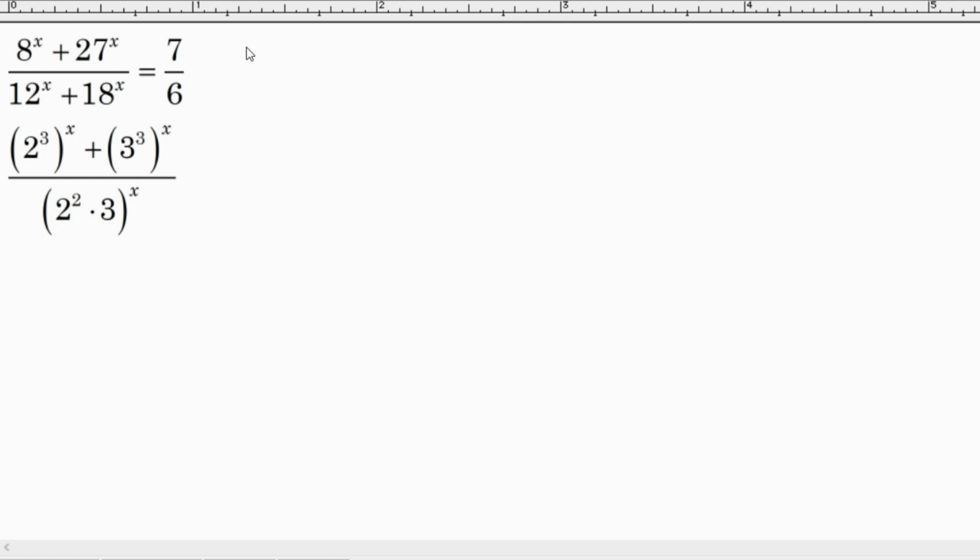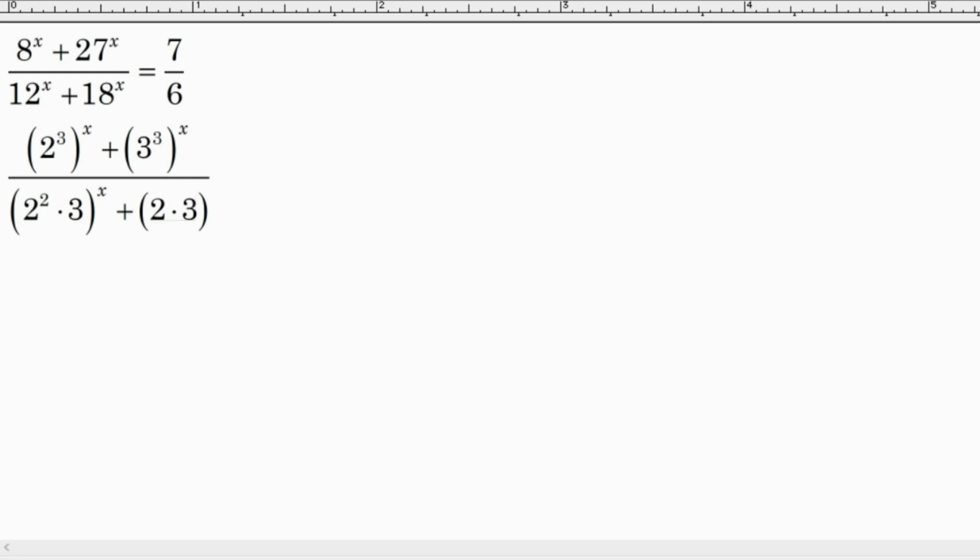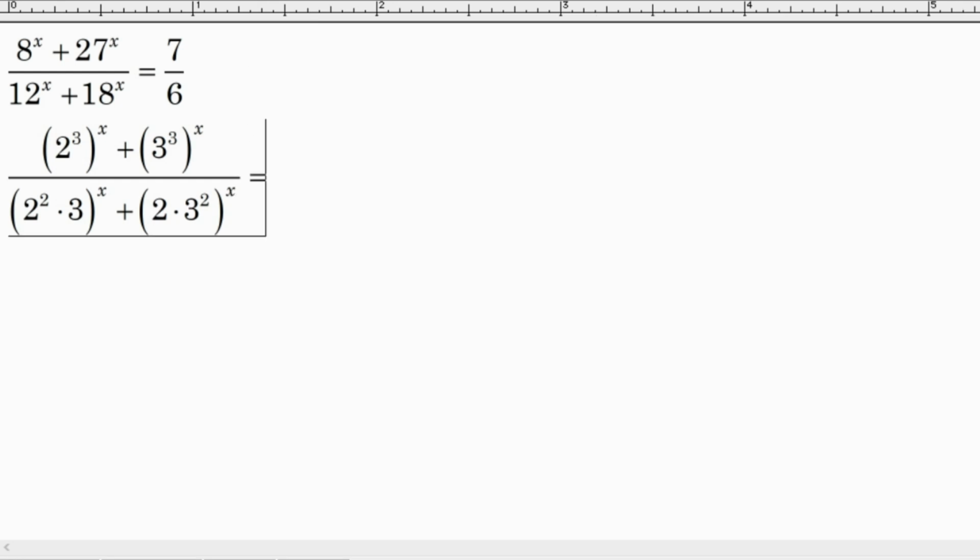Okay, and then plus 18, which here can be written as 2 times 3 squared, and then all raised to the power x. Okay, then equal to 7 divided by 6.